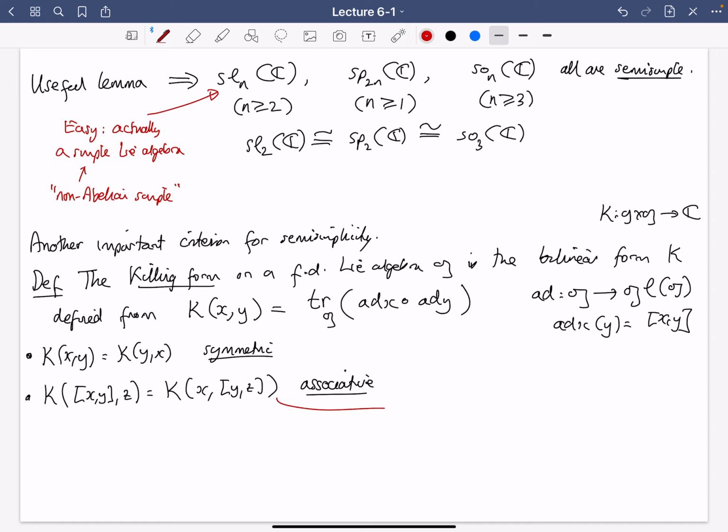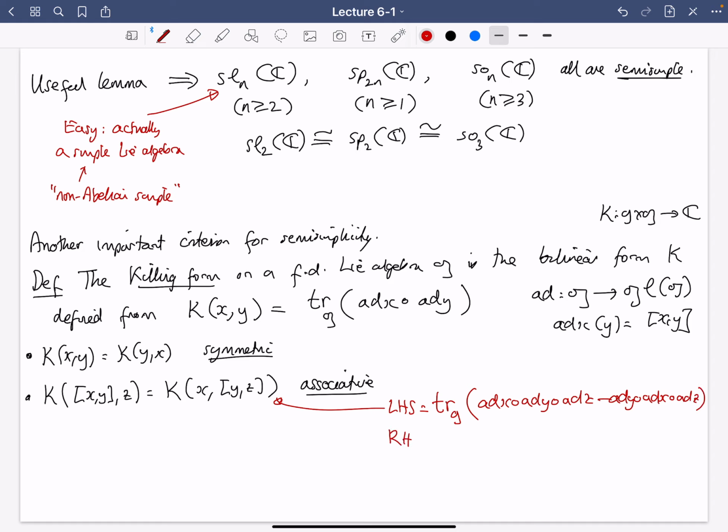And maybe that needs a little bit of a proof, so let's see if we can do that. Remember, ad is a Lie algebra homomorphism. So ad of the bracket xy is the commutator of ad x and ad y. So I can just write the left-hand side of this equation. It's just the trace of ad x composed with ad y composed with ad z minus ad y composed with ad x composed with ad z.